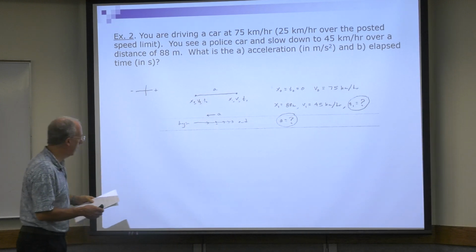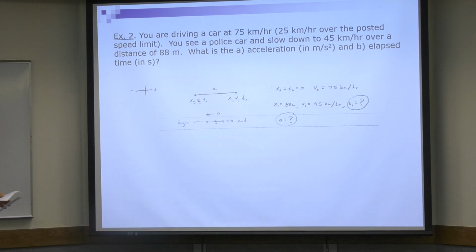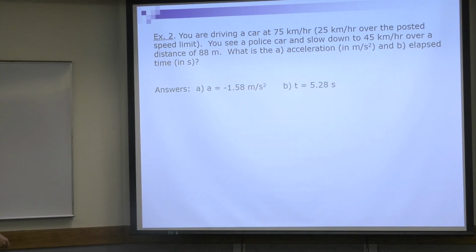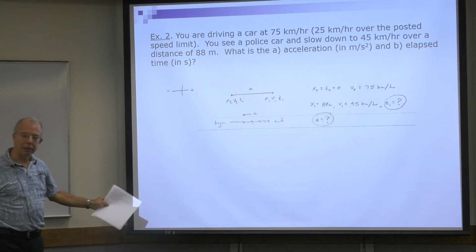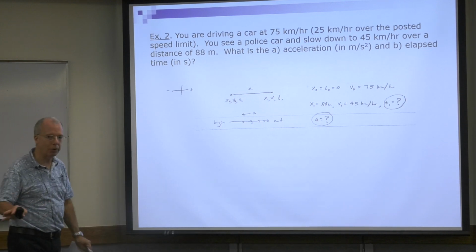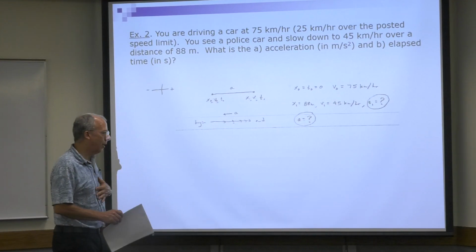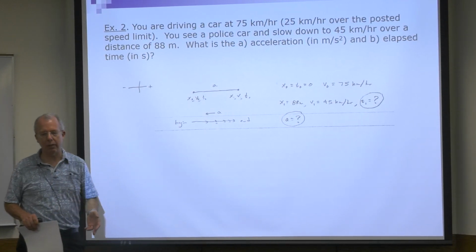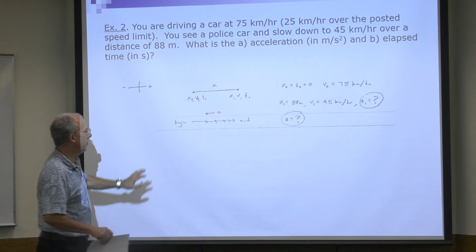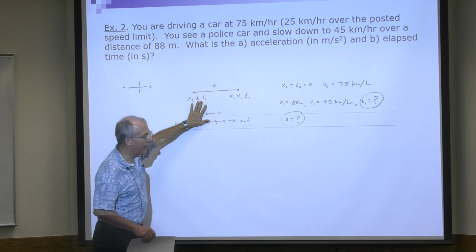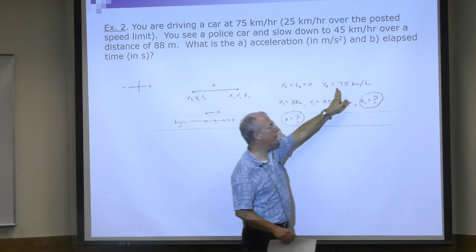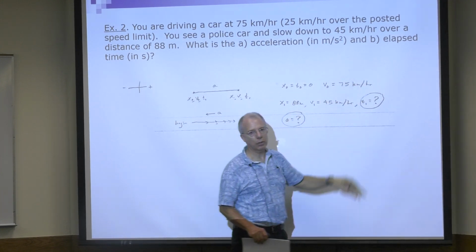Now, I'm not going to do it. I want you to do it. You're not going to learn how to do these by watching Brother Weber all day long. The only way you're going to learn how to do it is for you to do it. So make sure you get this correct. You know how to convert these, so convert these to meters per second.